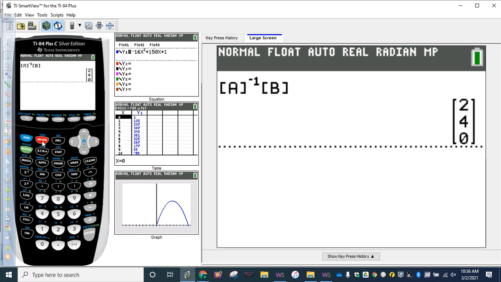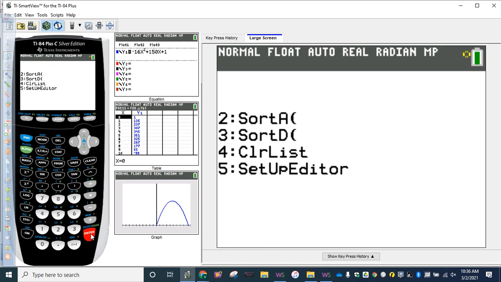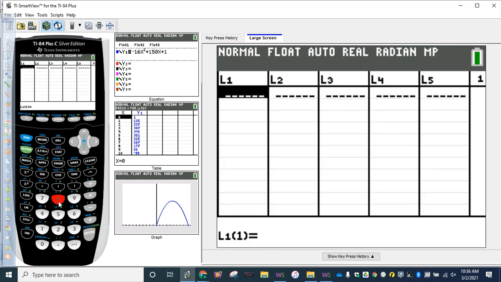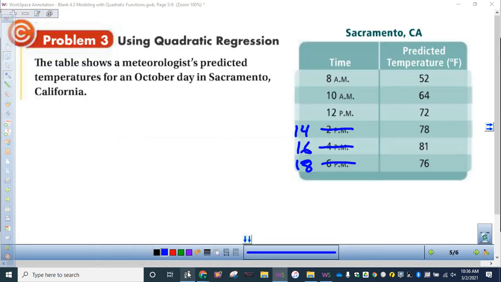Go back to the home screen. I'm going to clear that out. I hit stat, left arrow, enter, and I want to enter 8, 10, 12, 14, 16, 18. If you have old data in your list, remember you go up to L2, you hit clear, and then you arrow back down. It'll clear your list. So 8, 10, 12, 14, 16, 18.